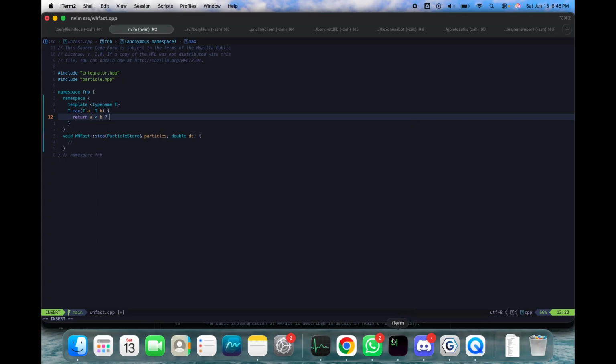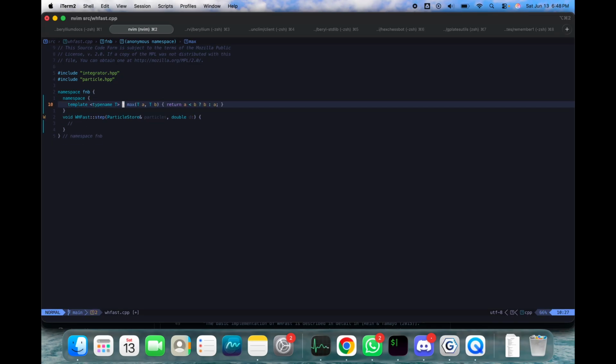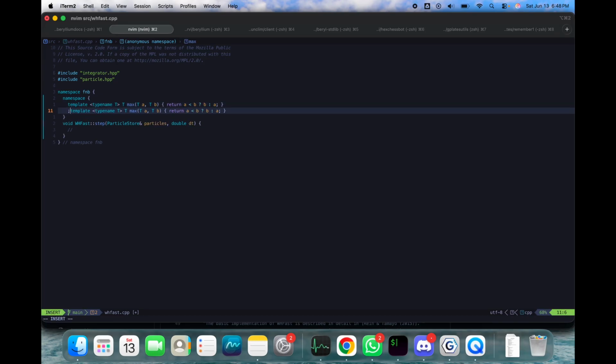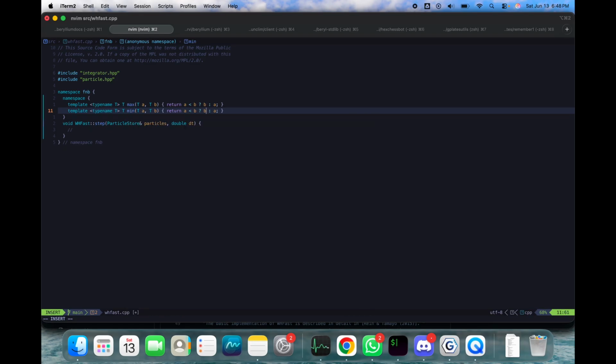Return A less than B, if so B, otherwise A. And I'm just going to one line this. I could probably one line that too. This whole thing too. So now if I yank this, but just call it min. Otherwise it's going to be A or B. Okay, that's done.